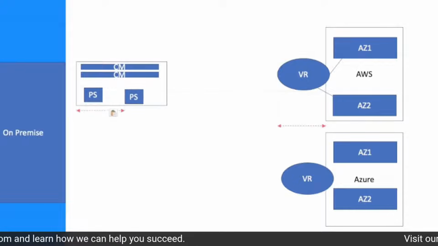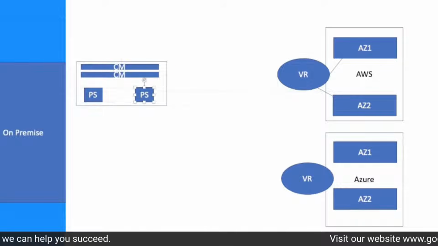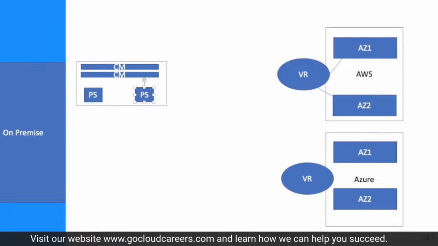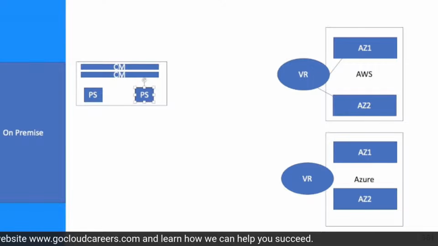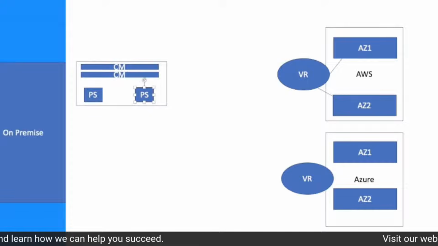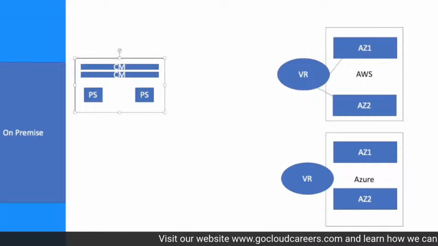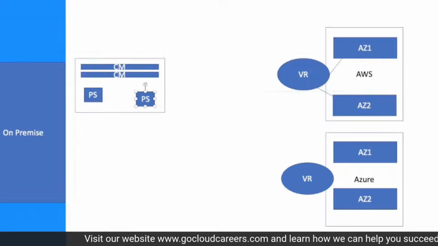If we plug two power supplies into the same power distribution unit or the same circuit breaker, and the circuit breaker fails, but we've got two power supplies, what happens? Again, we're down, dead in the water. So we need to make sure that each power supply is connected to a second outlet off of a second circuit breaker.